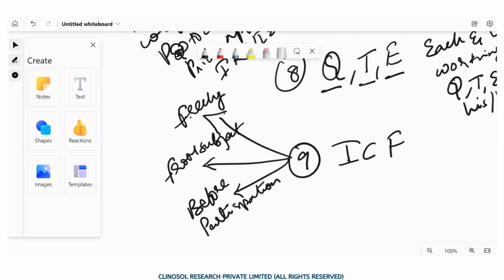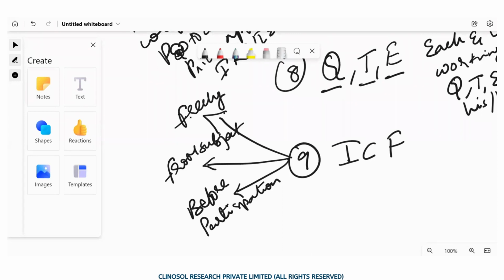So it looks like this: freely given informed consent should be obtained from each and every subject prior to participation in the clinical trial. This is the most important point, which is your informed consent form.